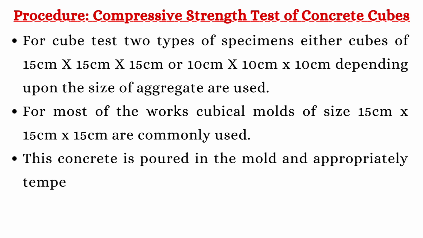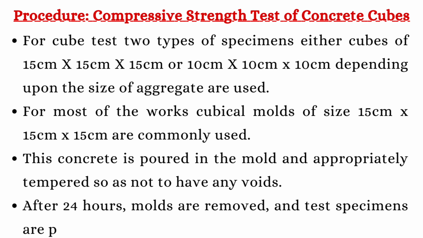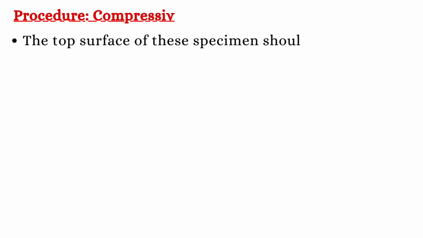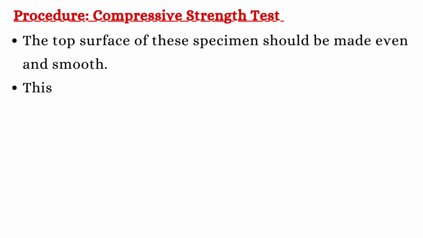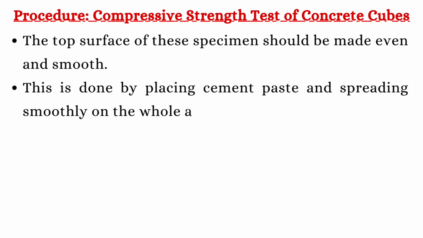The concrete is poured into the mold and appropriately tamped so that no voids are present. After 24 hours, the molds are removed and the test specimens are put in water for curing. The top surface of these specimens should be made even and smooth. This is done by placing cement paste and spreading it smoothly on the whole area of the specimen.